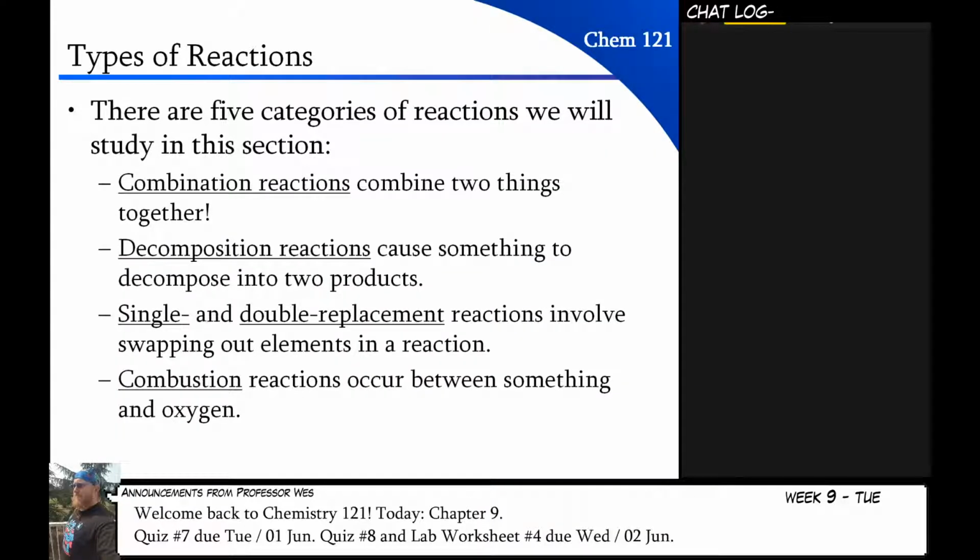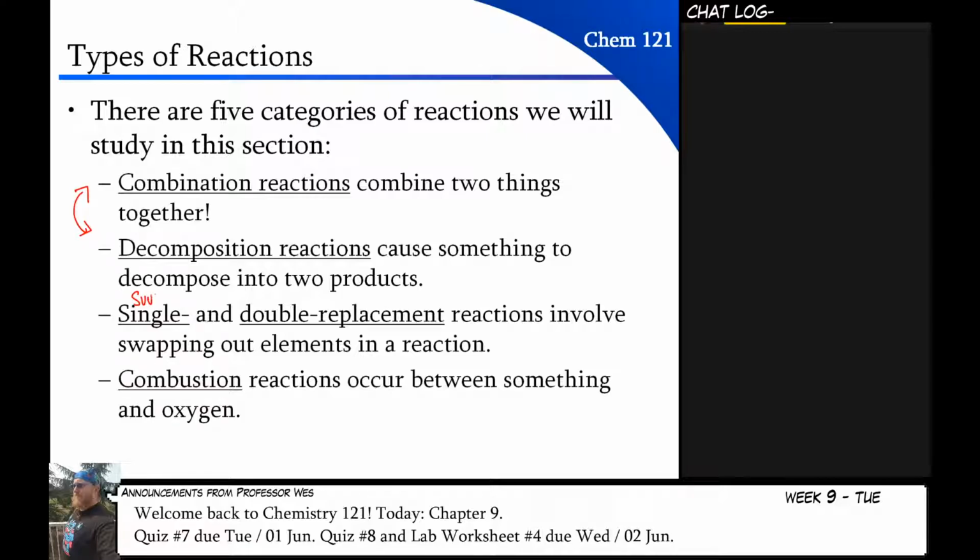So we're going to study 5 different types of reactions. I'm going to go through these kind of quickly because they're not super important. Combination reactions combine things together. Decomposition reactions break things apart. So these are essentially opposites of each other, these two. Single and double replacement reactions require you to swap one thing.